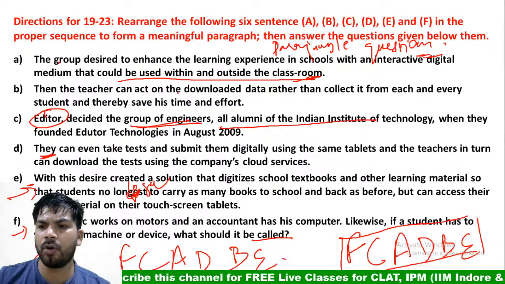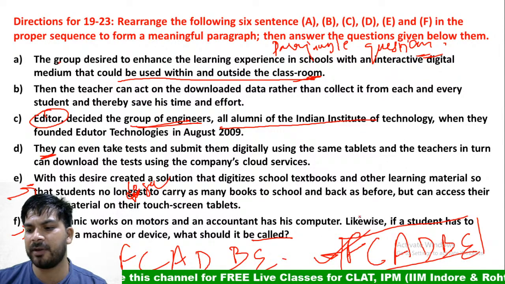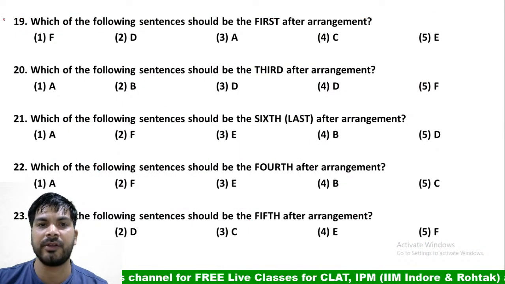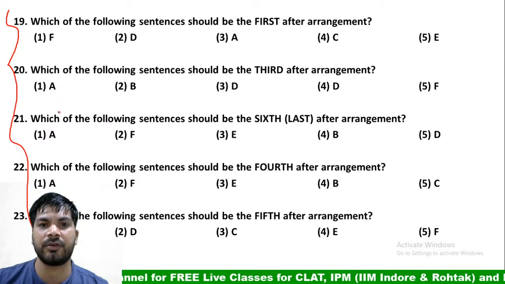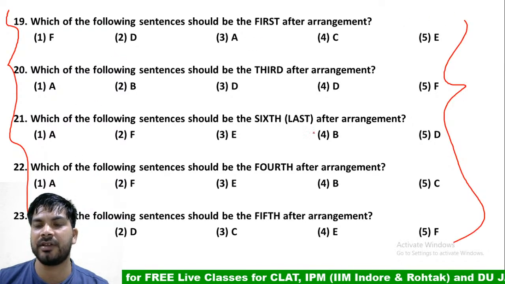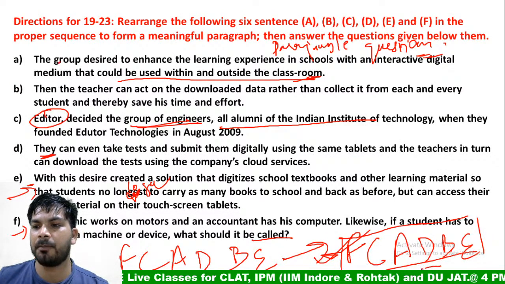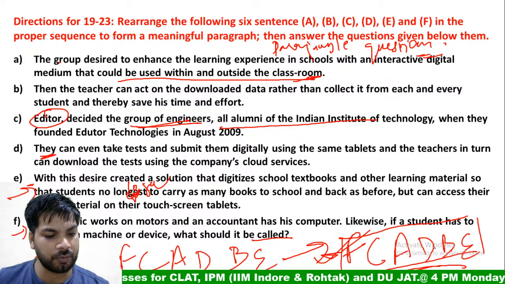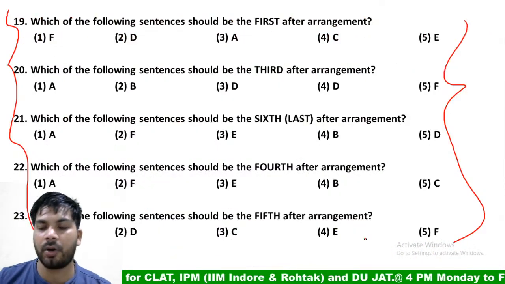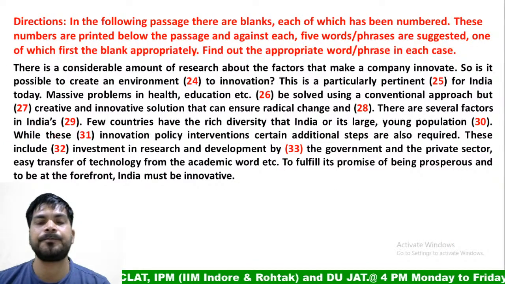So if you know that this is the arrangement of the statements, you can definitely go and answer these questions. So we'll not waste time solving these questions, because you have already known what is the complete arrangement of the statements. So you can definitely count what is the first one, second one, third one, fourth one, fifth one, sixth one, and you can answer all the follow-up questions, right?